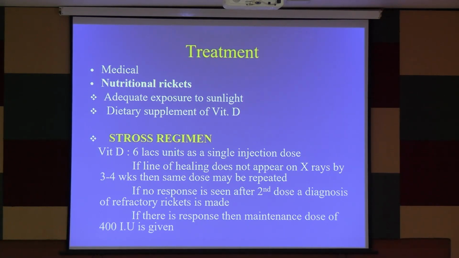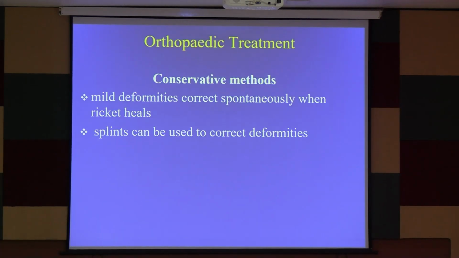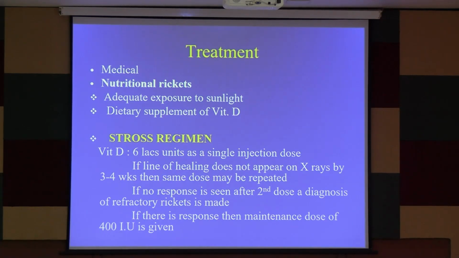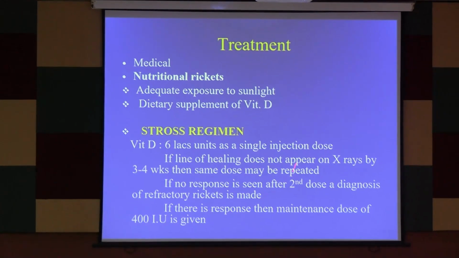If the child doesn't respond to the second dose, that is a confirmation of some kind of refractory rickets, genetic rickets, or vitamin D resistant rickets. If the patient responds, you maintain approximately 400 international units till the healing. This is the regimen you have to remember.